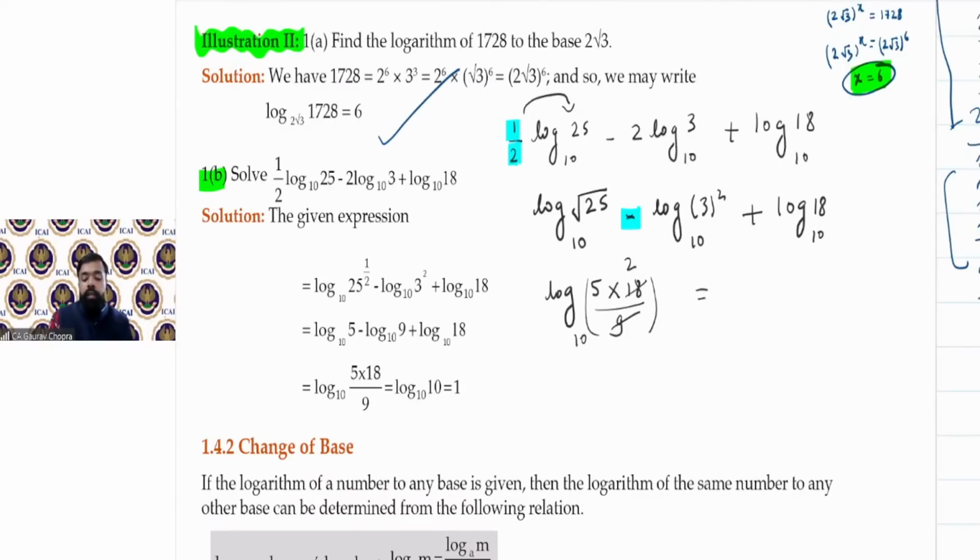What you are getting? Log of 10 base 10. Whenever these two numbers are same, we have the property that the result is equal to 1. So log 10 base 10 is equal to 1. This is the final result.